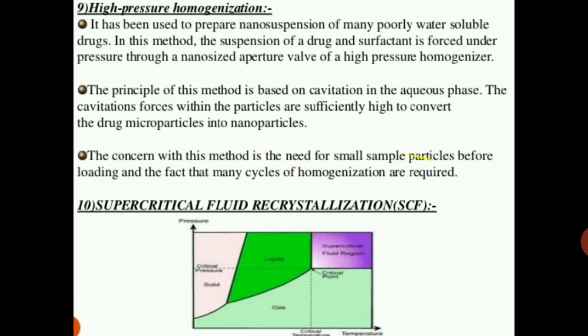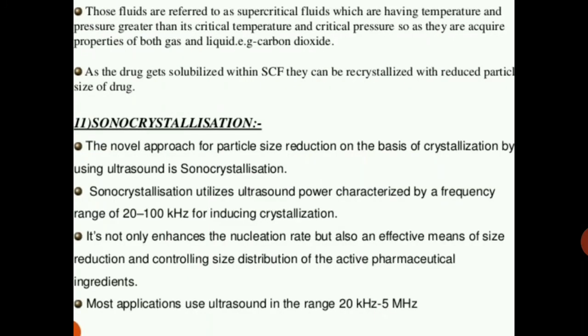The principle of this method is based on cavitation in the aqueous phase. The cavitation force within the particles is sufficiently high to convert the drug macroparticles into nanoparticles. The concern with this method is the need for small sample particles before loading, and the fact that many cycles of the homogenization are required.